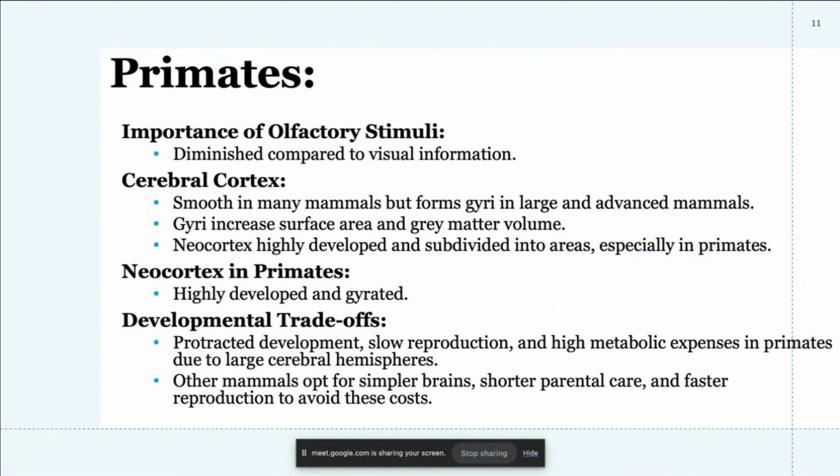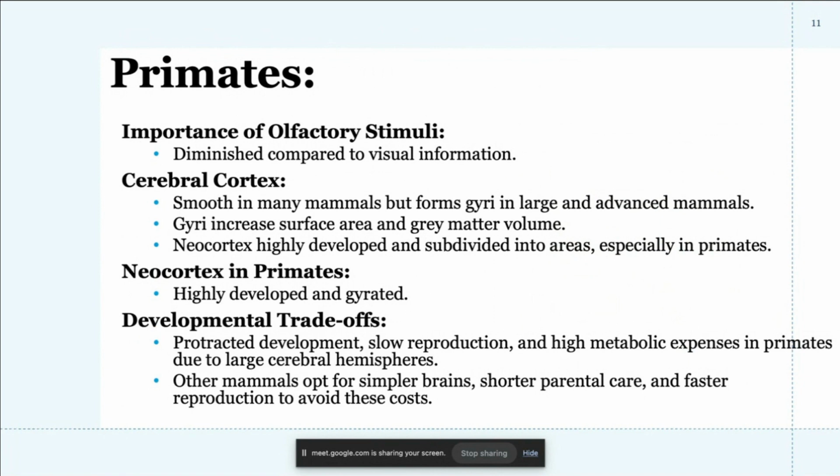Okay, then in the primates, their olfactory system is diminished compared to their optic lobes. Basically, they have, again, better vision than smell.